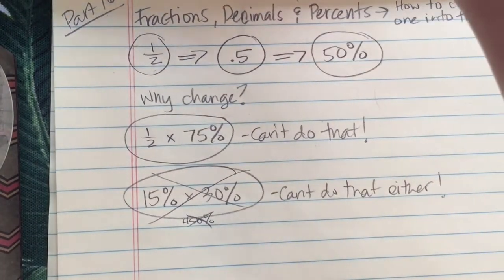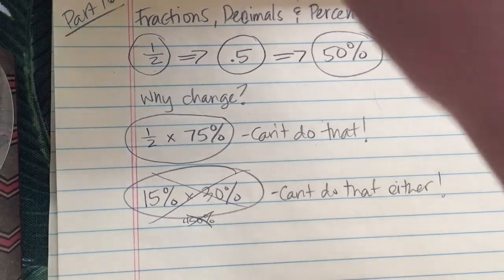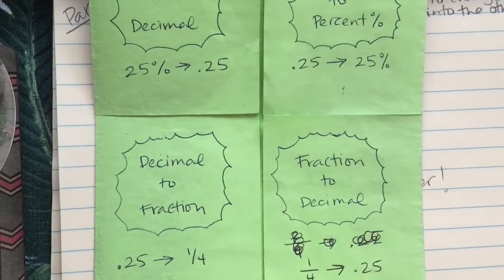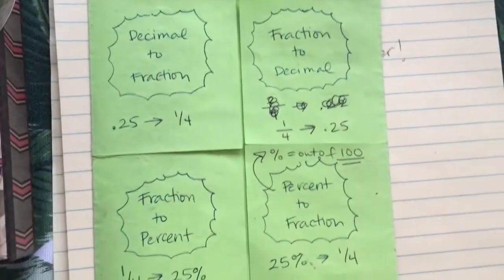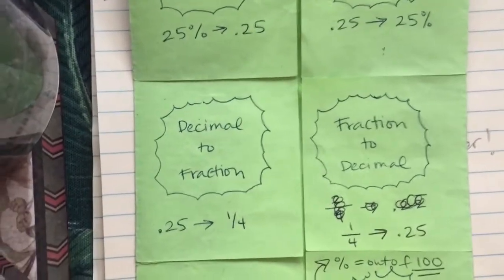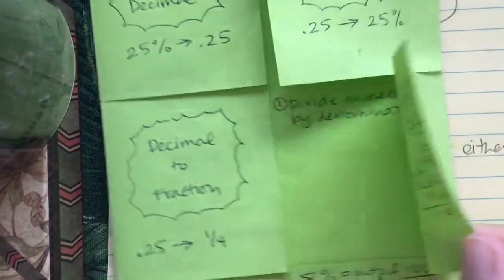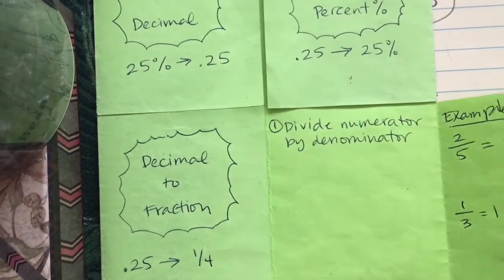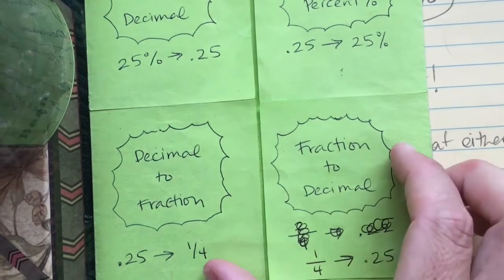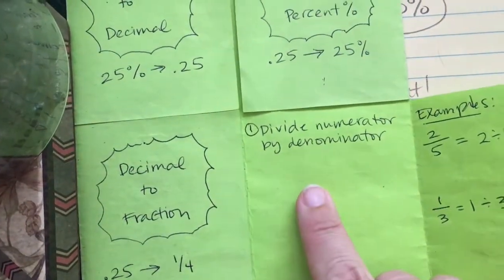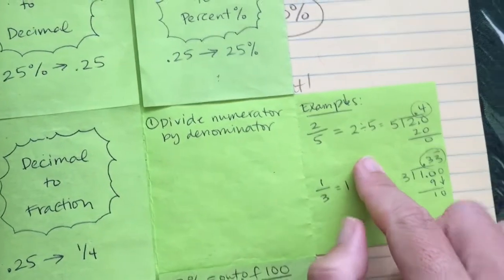So what I used to do in my class is I had my students make one of these. In the teacher world, we call this a foldable, and they have these little windows, and they tell you, for example, if you had to change a fraction to a decimal, exactly how to do it, and then some examples of how.